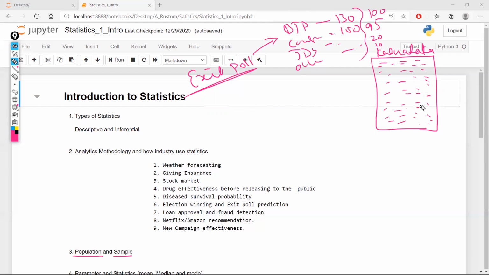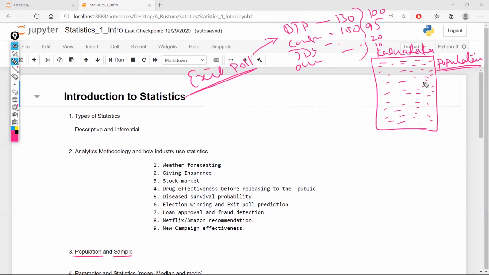So rather, what I'm going to call a population is basically the entire data, the entire set of items. Population can be anything.